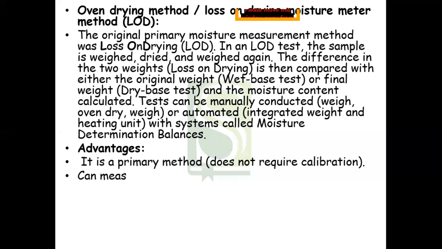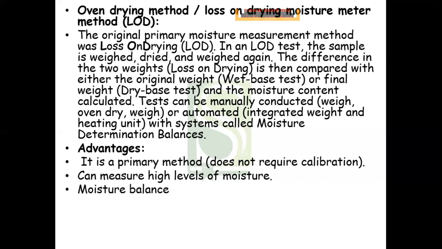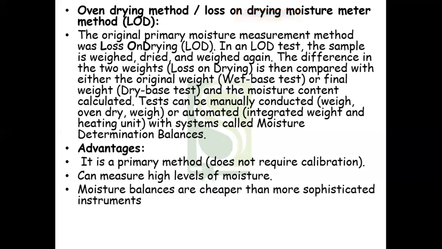The advantages of this method are that it is a primary method, it does not require calibration, it can measure high levels of moisture, and moisture balances are cheaper than more sophisticated instruments.